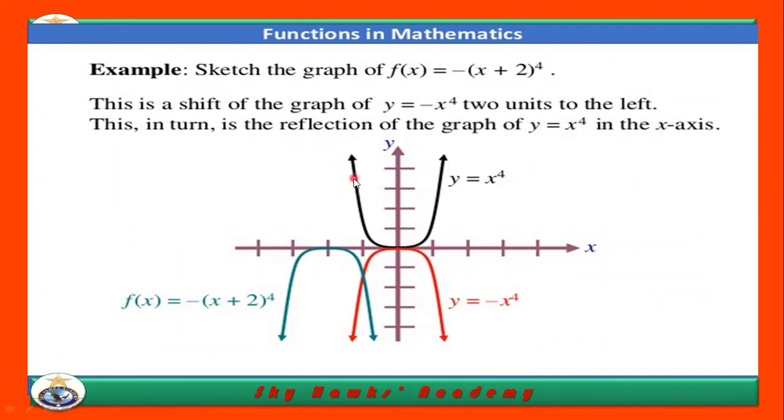So if the function is given as y is equal to x^4, you can draw this parabola-like curve. And if it is plus 2, it's a shifting. What I mean to say, y is equal to minus x^4. So if the leading coefficient is minus, this will open downward.